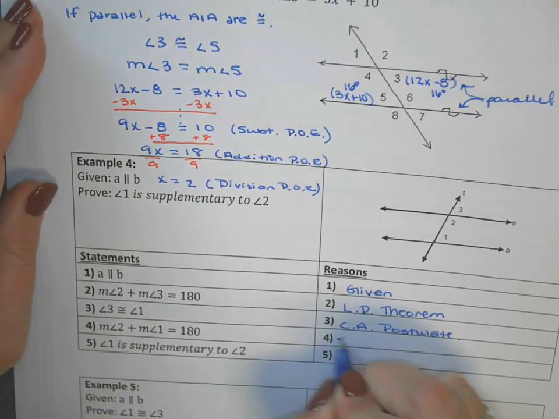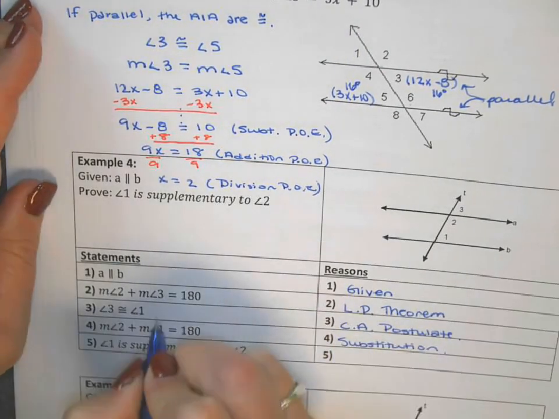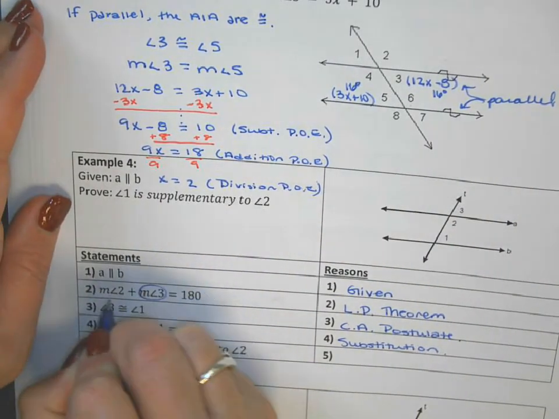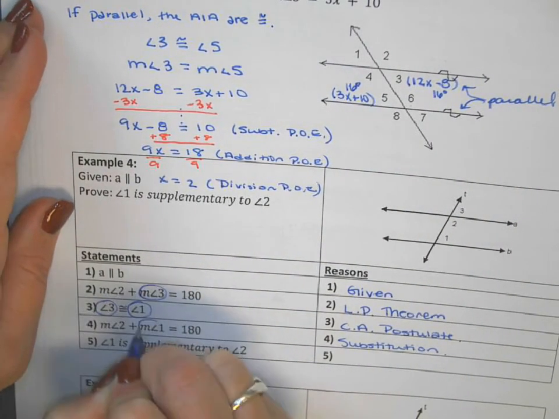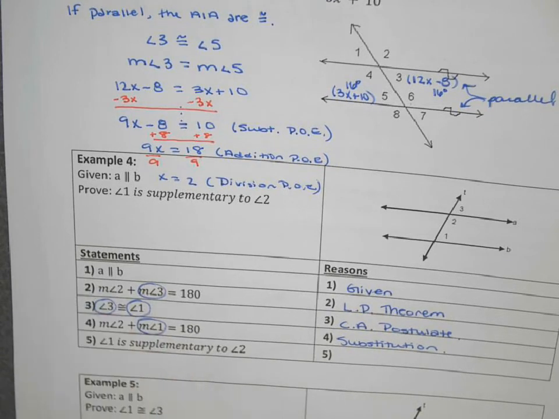Substitution. They substituted 3. 3 is the same as 1, and they plugged in 1 there instead. You see that? So they used substitution to say that the measure of angle 2 plus the measure of angle 1 has to be 180 because 3 and 1 are congruent. And if 3 and 1 are congruent, then they have equal measures.